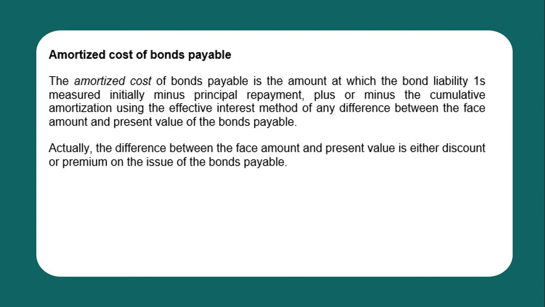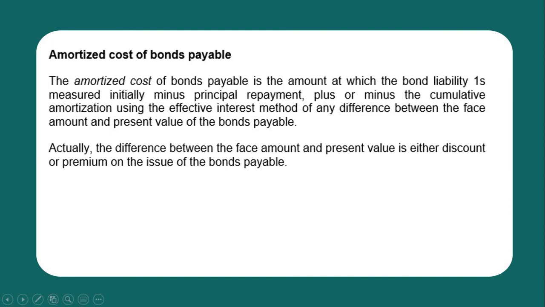Then after that, we minus the principal repayment. Then, plus or minus the cumulative amortization using the effective interest method of any difference between the face amount and the present value of the bonds payable.